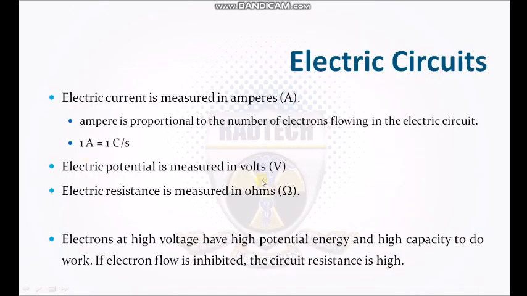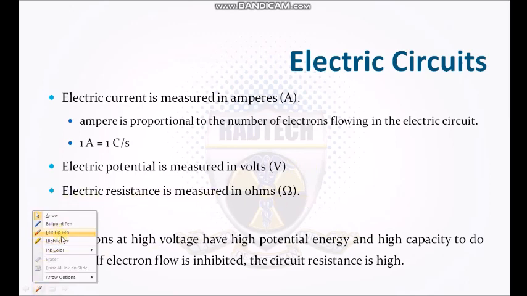Again, the electric current is measured in amperes, electric potential is measured in volts, V, I, R, and electric resistance is measured in ohms.